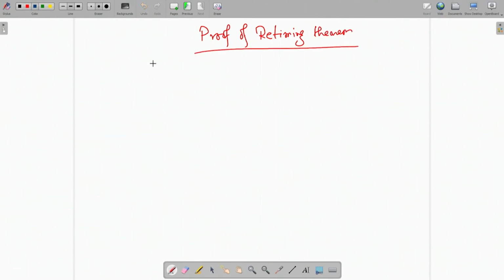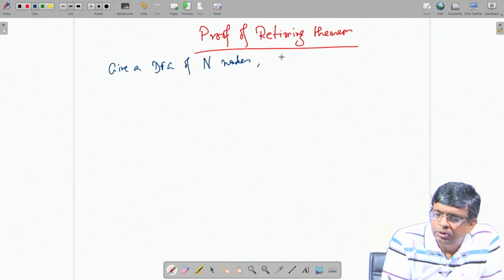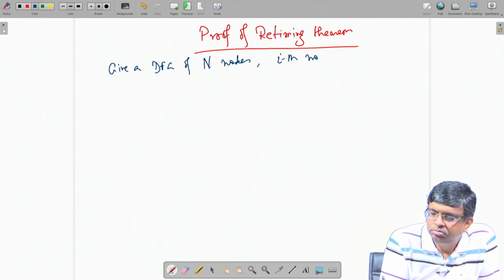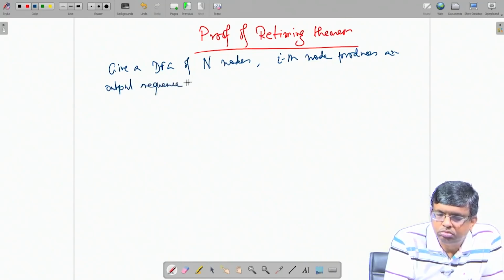Suppose you are given a DFG, n nodes, node 1, node 2, node 3 up to node capital N. The ith node produces an output sequence VIN.